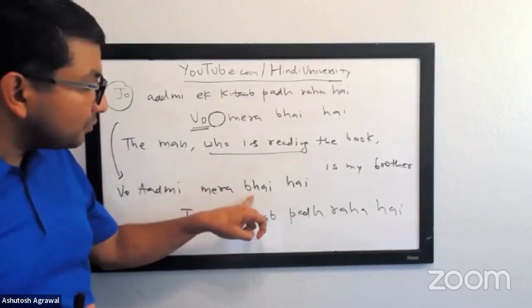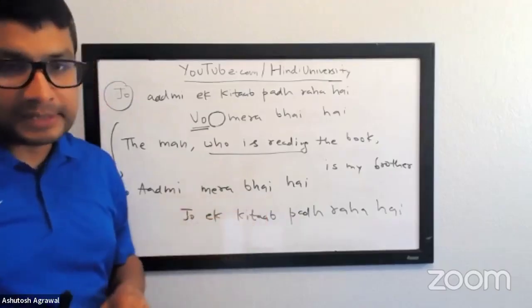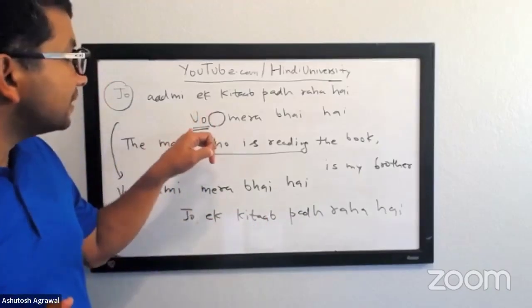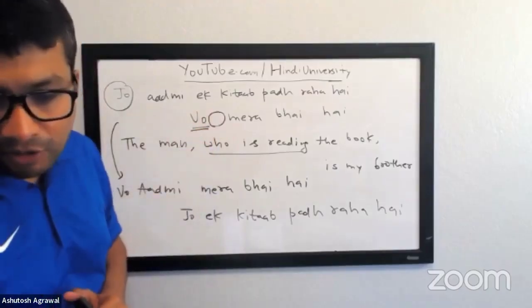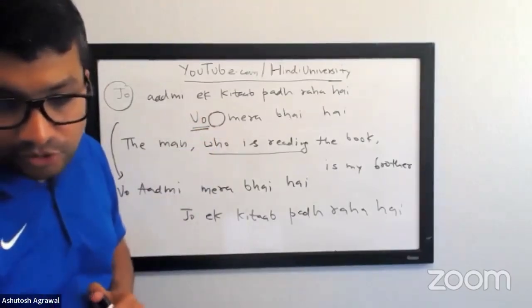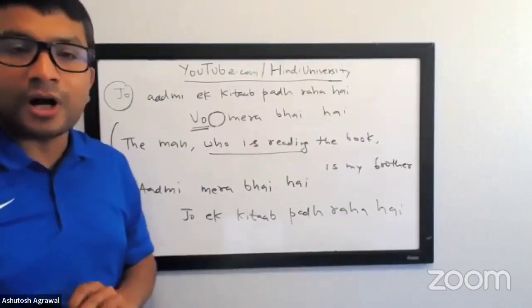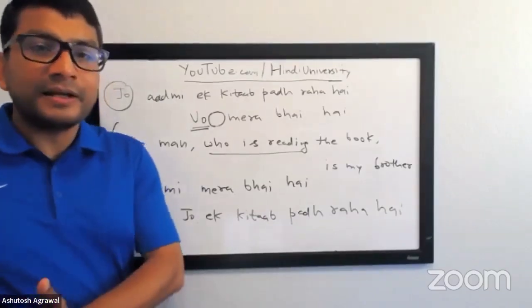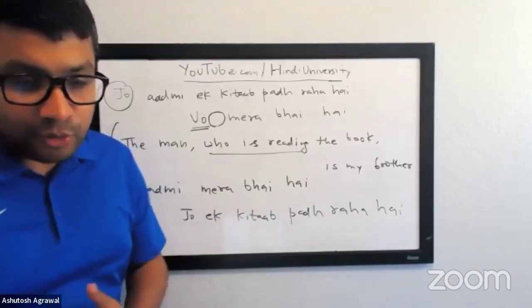But you still have to have both the main clause as well as the relative clause, okay? If you were to just use this sentence independently, it will be very hard. It will not really make any sense, okay? So for example, if you were to say जो आदमी किताब पढ़ रहा है, okay, it doesn't really give which. On its own, there is no dependency.